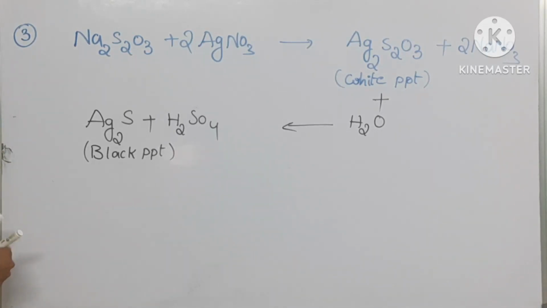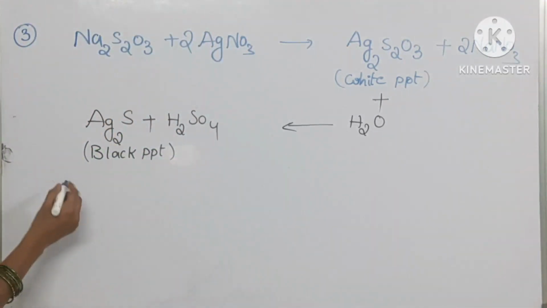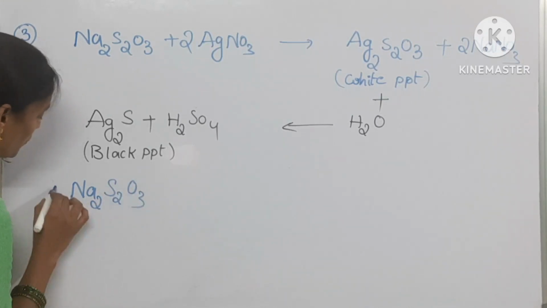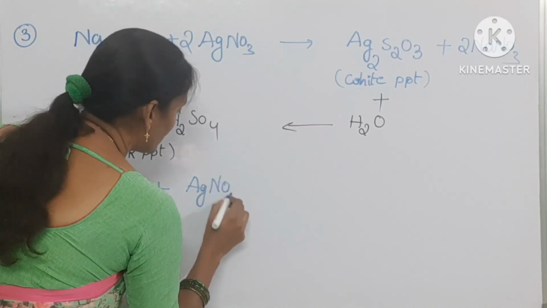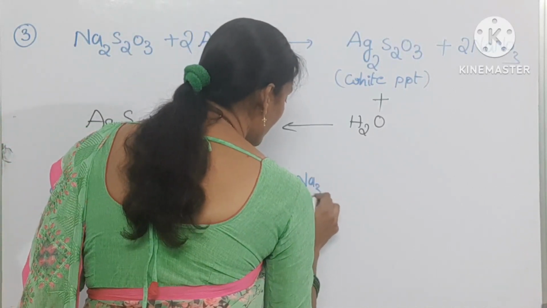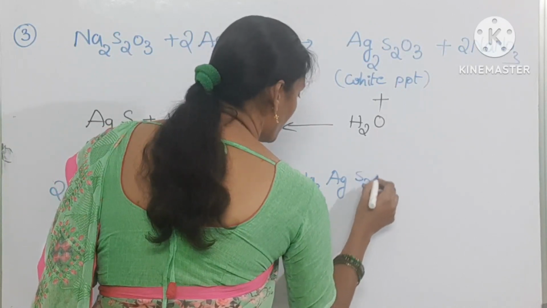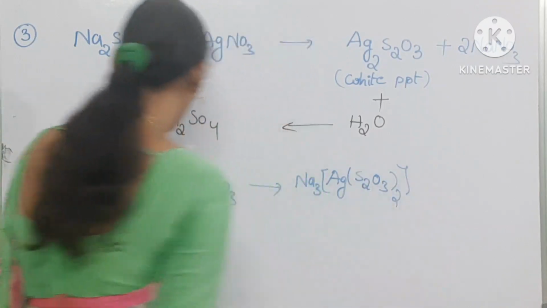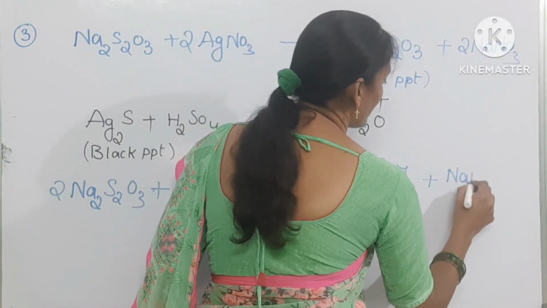And the next chemical reaction: if we take excess of hypo, what will happen? Excess of hypo, Na2S2O3, 2 moles, with the same AgNO3 in limited quantity, you will get a soluble complex, Na3Ag(S2O3)2, and the remaining one is sodium nitrate, NaNO3.